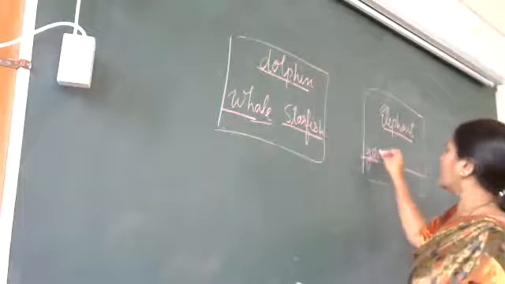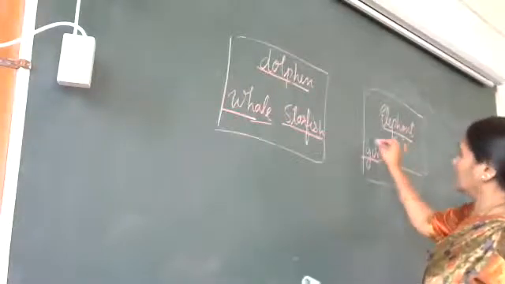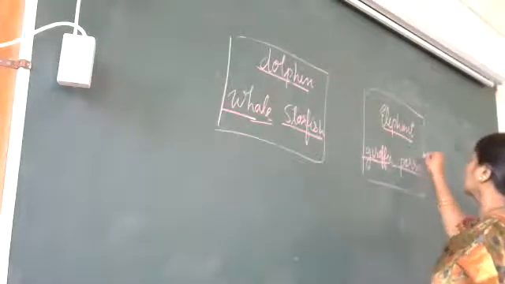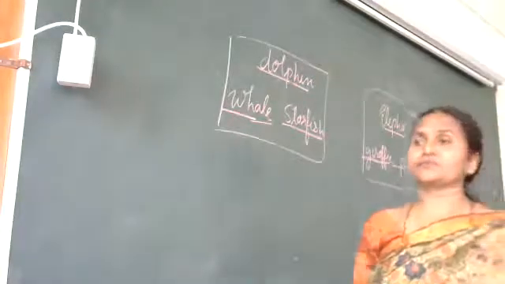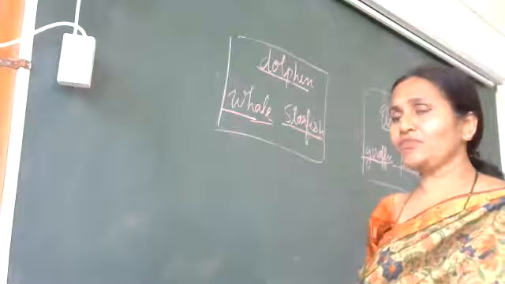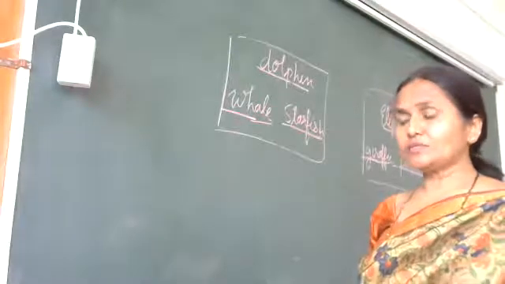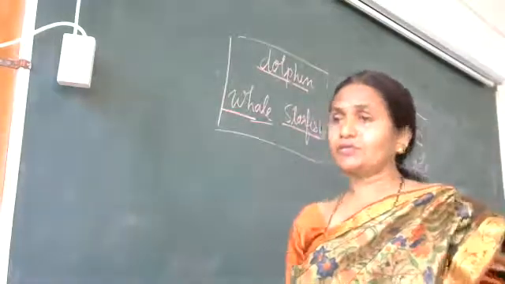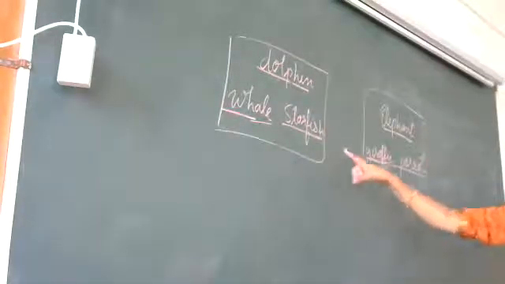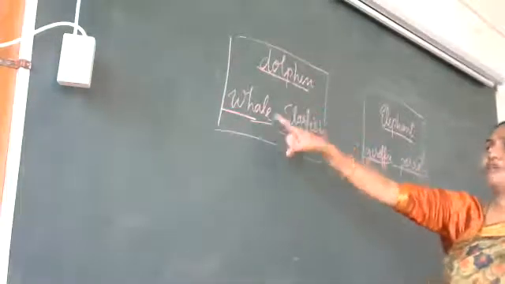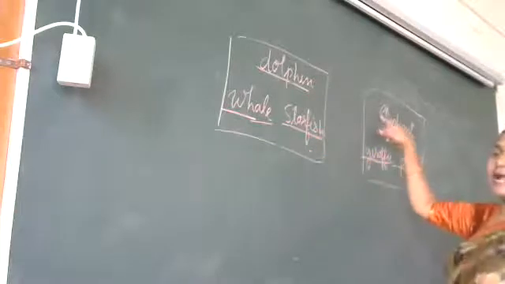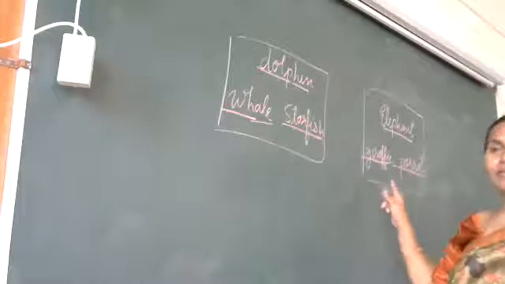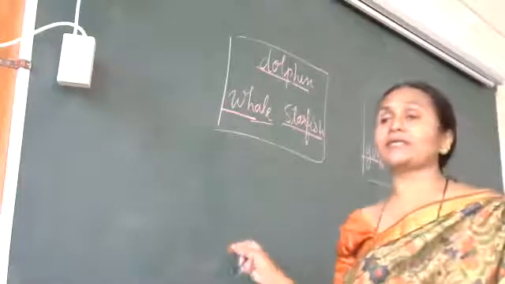Elephant, giraffe, and parrot. Okay? Understood, all of you? Okay. Now, yes, you see here. Water animals: dolphin, whale, starfish. Land animals: elephant, giraffe, parrot. Very nice, they have given it for you to understand.